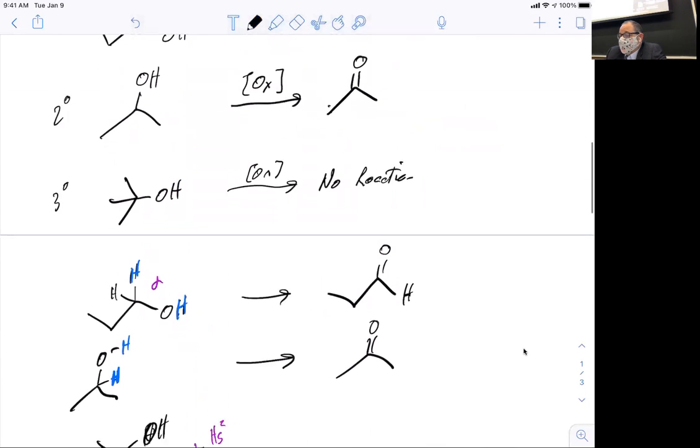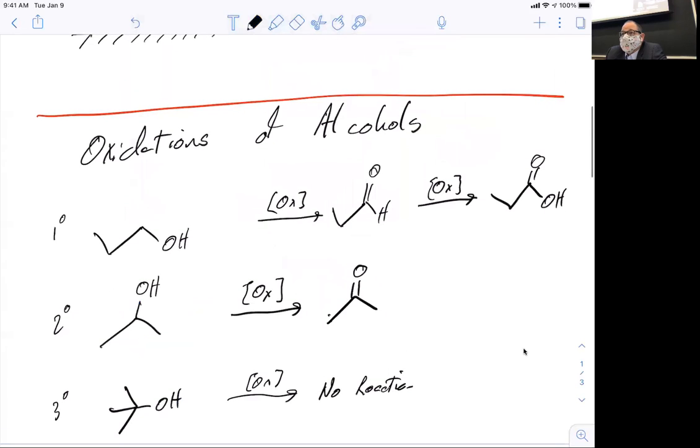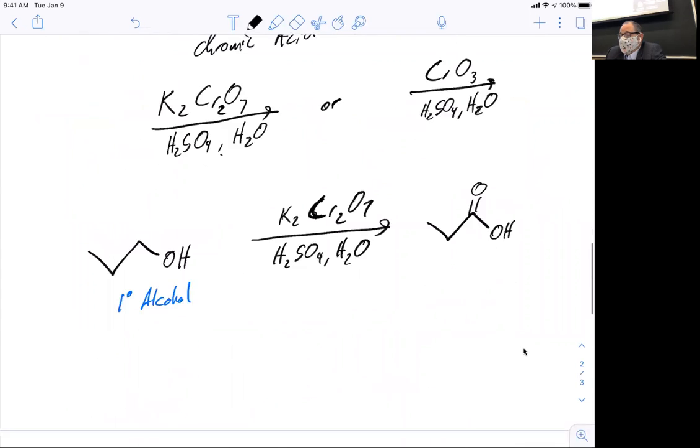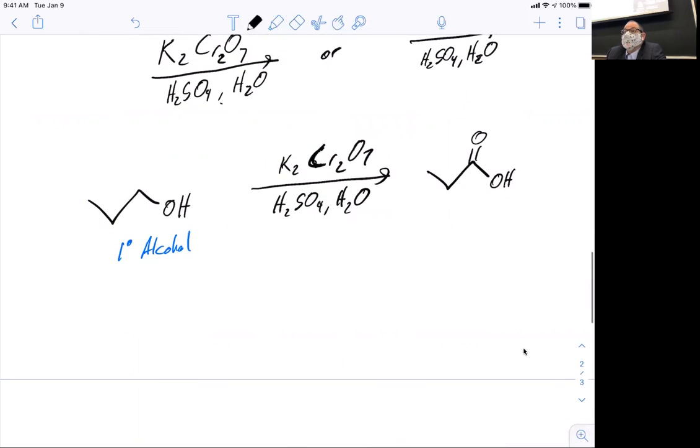So if we look up here, when we looked at primary alcohols, what chromic acid is going to do is do both of those oxidation steps, right? It's going to oxidize up to the aldehyde, and then it's going to oxidize up to the acid. So in one step, a couple of steps mechanism, but one reaction, we're going to end up with the carboxylic acid.